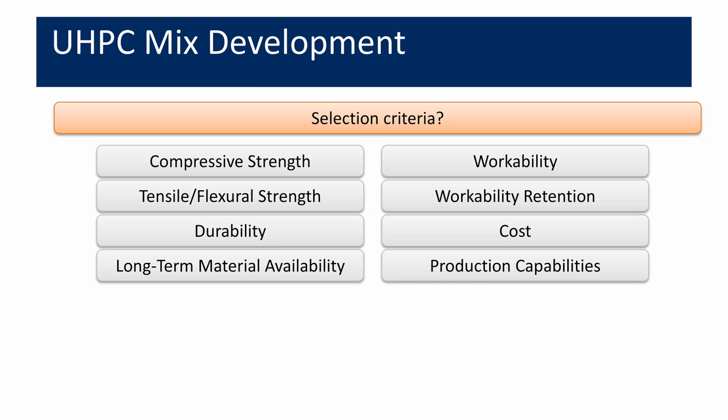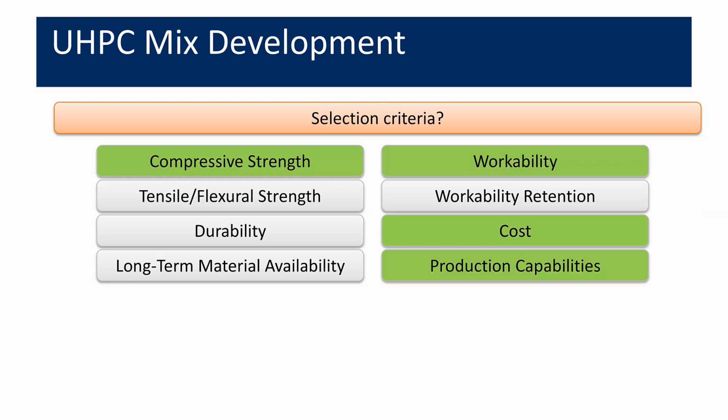So just to give you an example, if I'm developing a mix design, I might consider the ones I've highlighted first. I might consider compressive strength, workability, cost, and production capabilities to make my initial selection. But once I've developed a mixture that I'm happy with that meets those 4 criteria satisfactorily, then I'll look at the other ones and do additional evaluations to make sure that my mix is going to work long term.